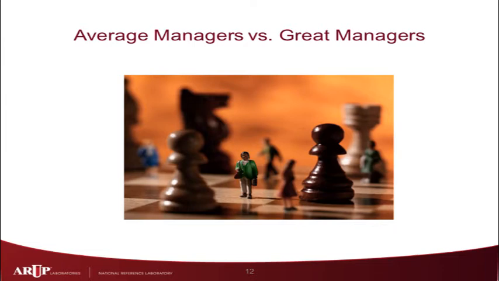And they look at their staff members to determine where they should go and what assignments they should take. Maybe it's not just one step forward, like the pawn. Maybe it's like a knight, and they kind of go in an L shape, and they decide to put an individual over here. So it's a great skill to be able to look at staff and strategically place people in the right positions.